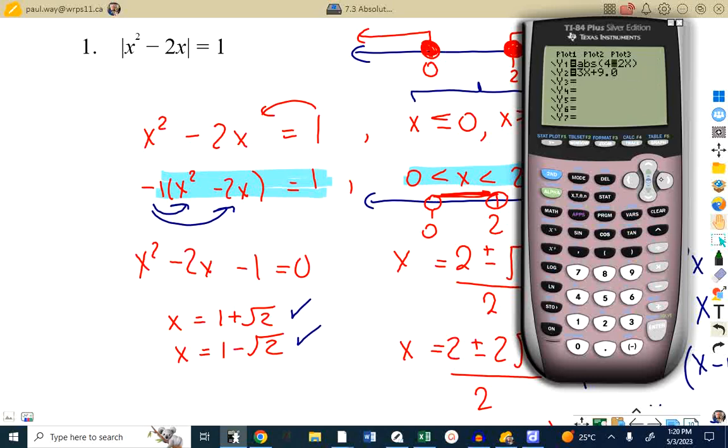The absolute value of x squared minus 2x equals 1. I think Zoom Standard should do the trick. If not, we can adjust that later. I'm going to zoom in using the box feature.